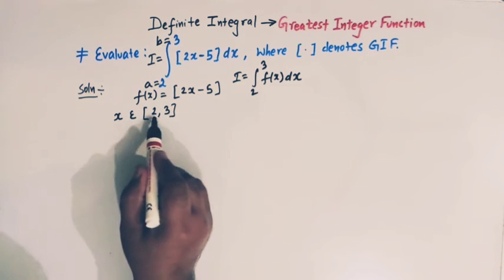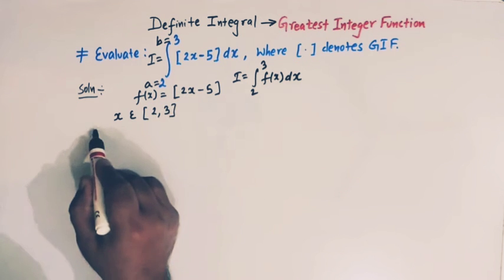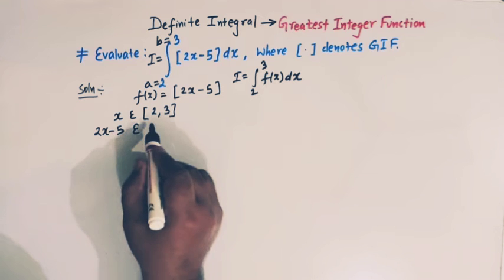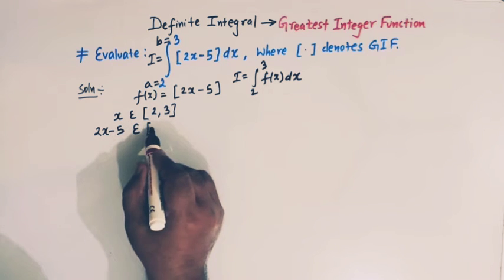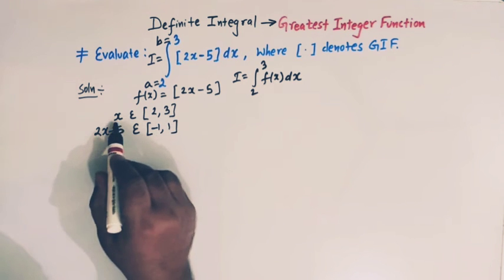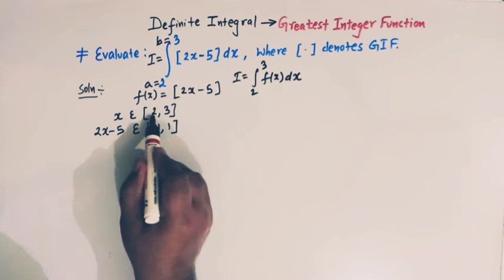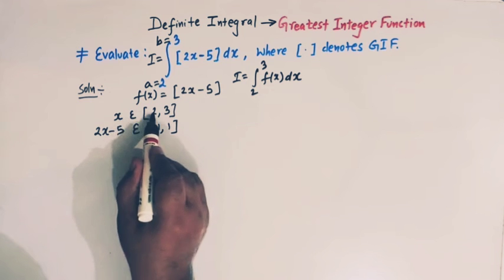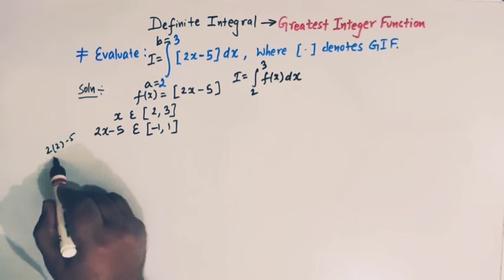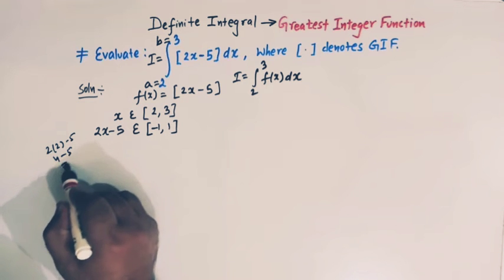So when x belongs to 2 comma 3, then 2x minus 5 belongs to minus 1 comma 1, right? Why? Because when x is 2, then 2x minus 5 is 4 minus 5, that is minus 1.